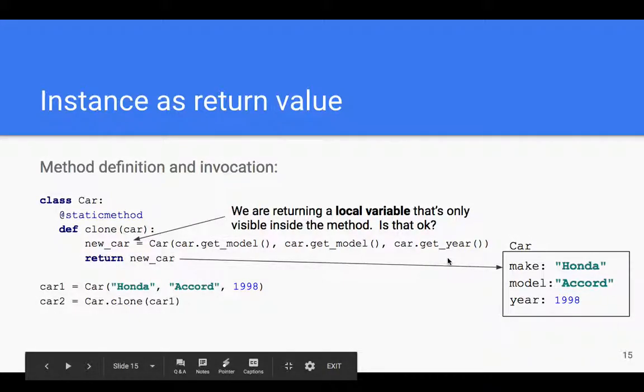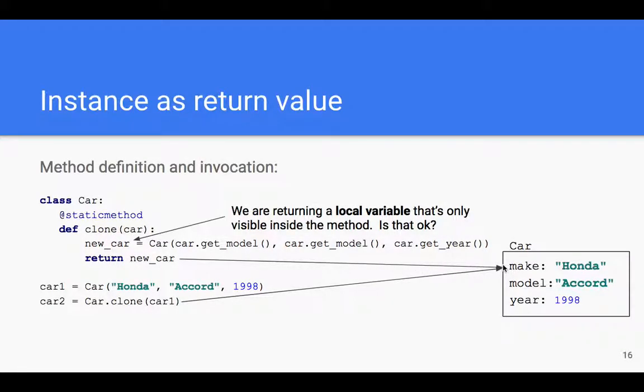Now, when we return it as a result of a call to clone, that name essentially replaces this call. It's the return value of this call, which is pointing to the same thing that new car is pointing to.